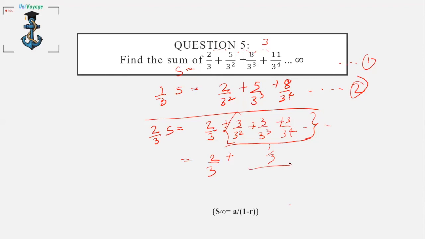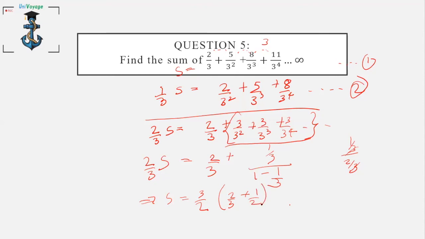So 1 by 3 upon 1 minus 1 by 3 plus 2 by 3 is equal to 2 by 3 of S, and S would be equal to 3 by 2 into 2 by 3 plus 1 by 3 upon 2 by 3. Here 3 and 3 would get cancelled. You'll get half. And here you'll get it as 3 by 2 into 7 by 6, which is 7 by 4.